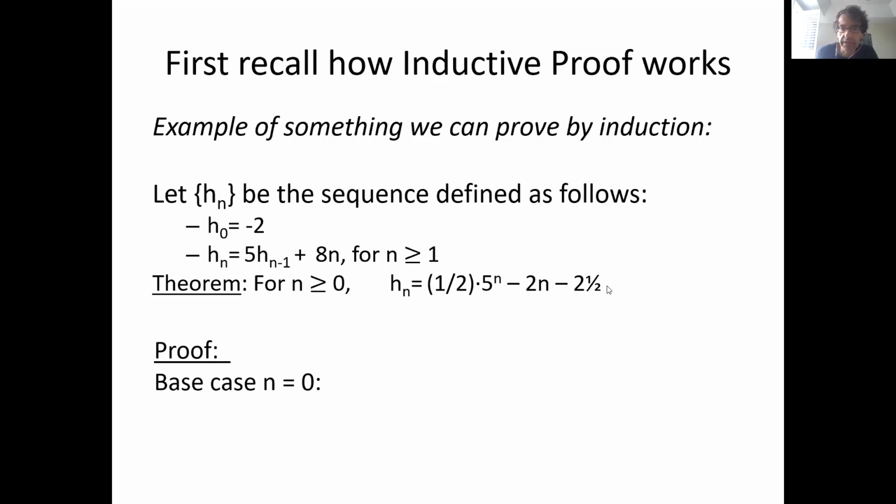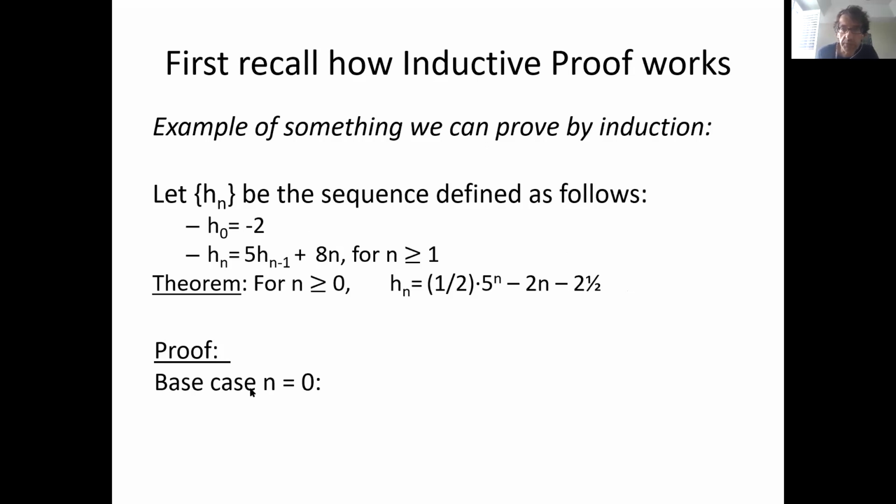You can think of the right-hand side as some function of n, call it f of n, and what we are proving is that this recurrence relation defines a sequence such that the nth term of it is equal to f of n.